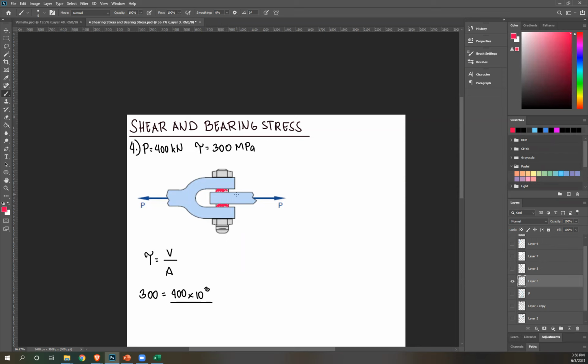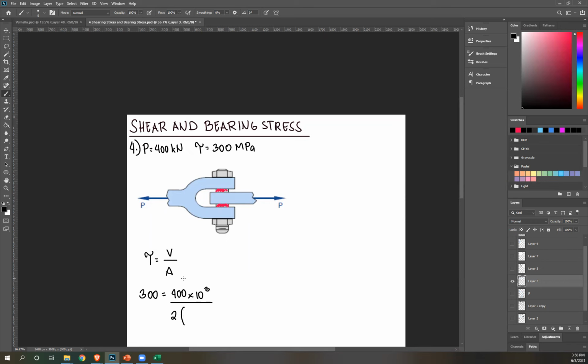Those are the areas experiencing stress. And that is the area of a cross-section of a bolt. Cross-section of a bolt is also a circle. Therefore, that's the area of a circle. There's 2 of them, so that's twice the area of a circle.